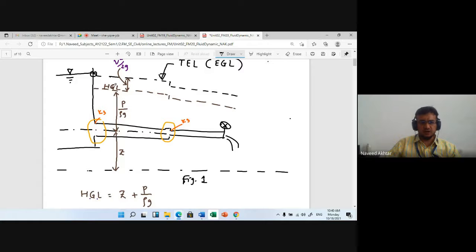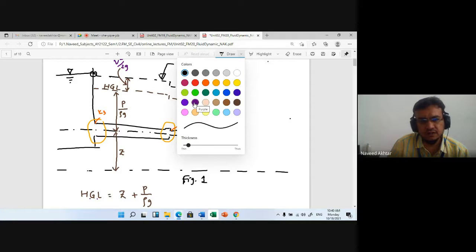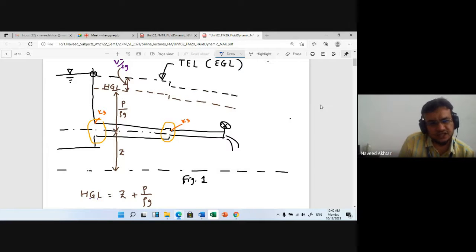Here in the figure you can understand. This is the hydraulic grade line. Change the color so that you can understand. And this is the HGL line. Here the head is dropped because the pipe cross section is changing here.